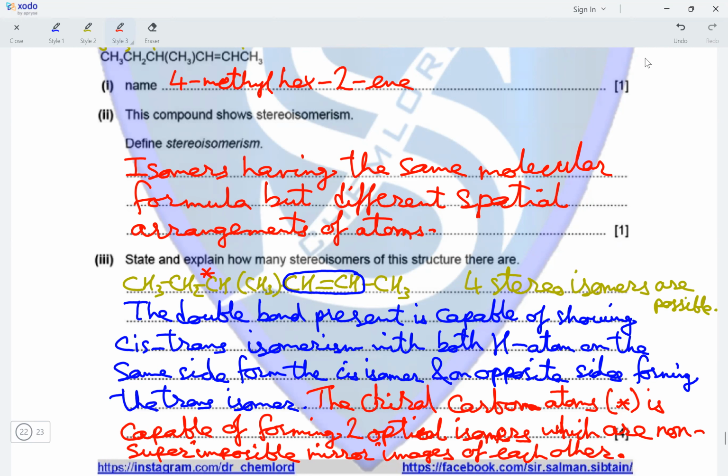So in this way, two optical isomers, a cis isomer and a trans isomer, results in the formation of four stereoisomers for the given compound.